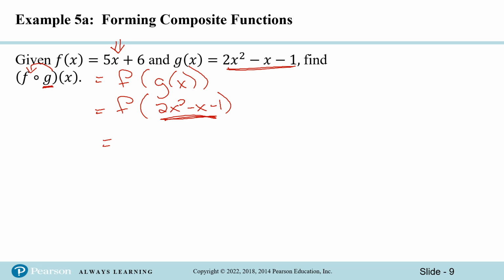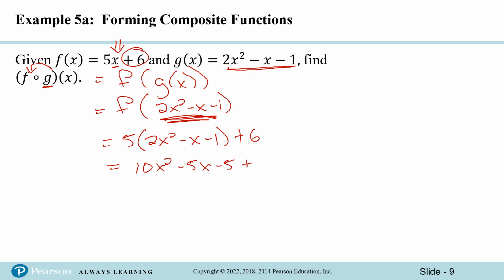So that's going to give me my 5, and then I'm going to replace my x with 2x squared minus x minus 1, and then plus 6. Distribute, and combine like terms, minus 5x plus 1. All right.